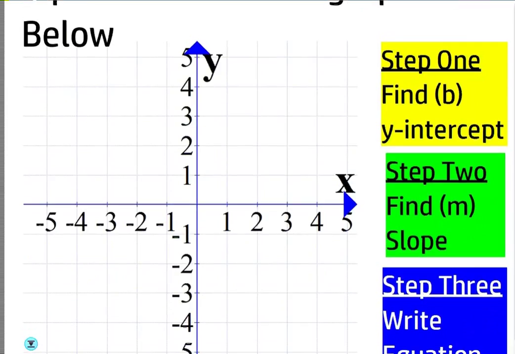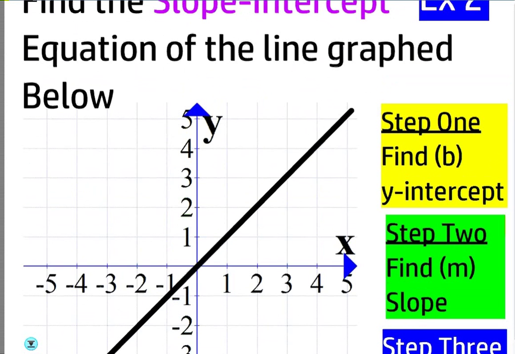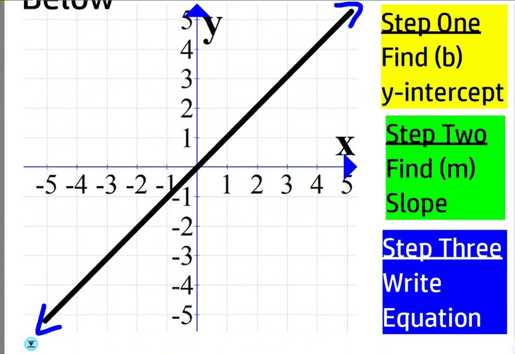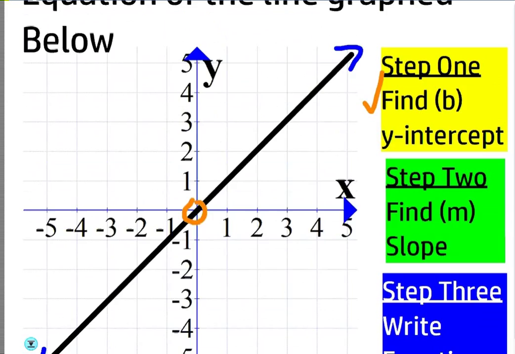Let me draw some arrows here for this one. So we got an arrow there, arrow there. Otherwise it wouldn't be a line, it'd be a line segment. Okay. So first of all, let's find the y-intercept. What is the y-intercept? Good. It's right there, right? It crosses the y-axis at 0.